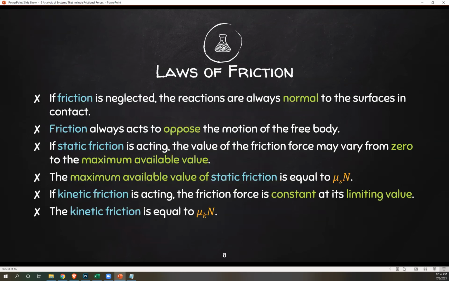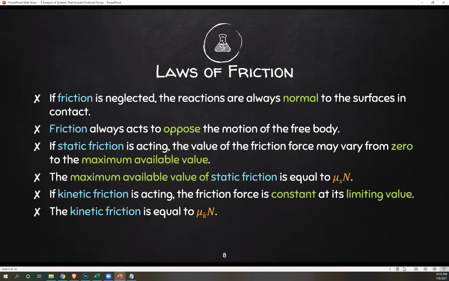Now we have the following laws of friction. First, if friction is neglected, the reactions are always normal to the surfaces in contact, meaning there's no frictional force. Next, friction always acts to oppose the motion of the free body, as mentioned earlier.